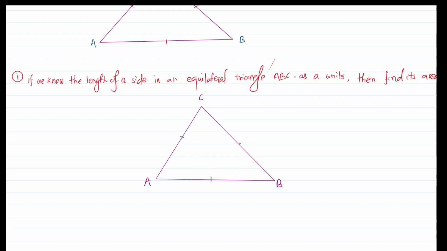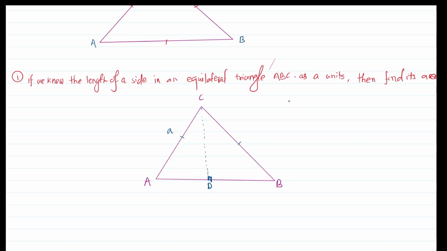Each side is equal to A. Let us draw a perpendicular from this vertex, perpendicular at point D on side AB.